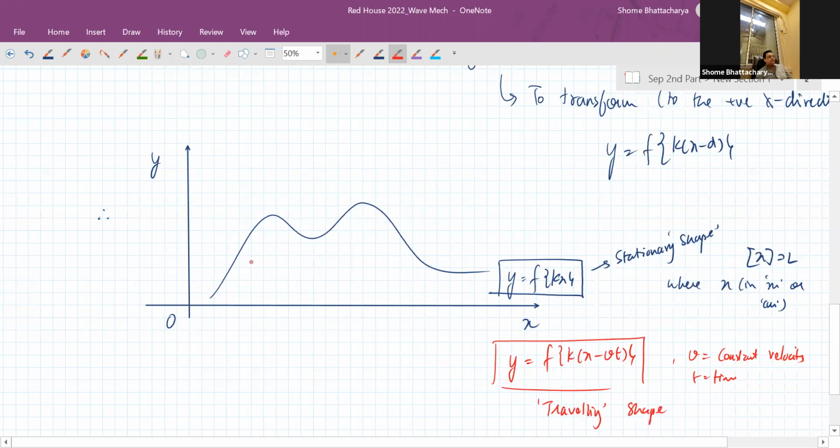It becomes a traveling graph, traveling at the speed v along the positive x-axis.